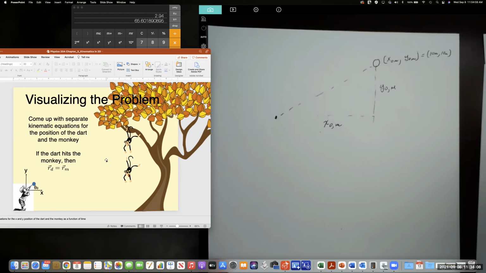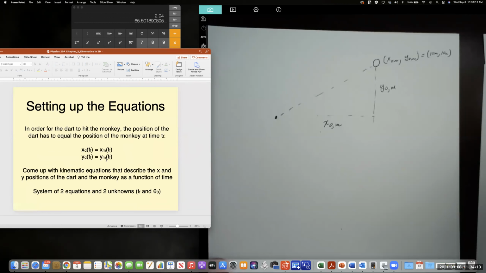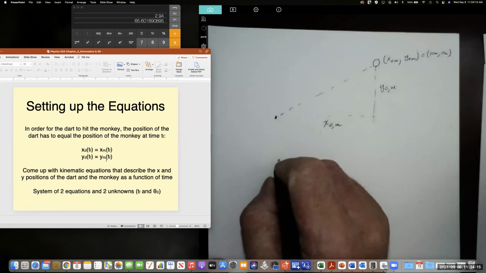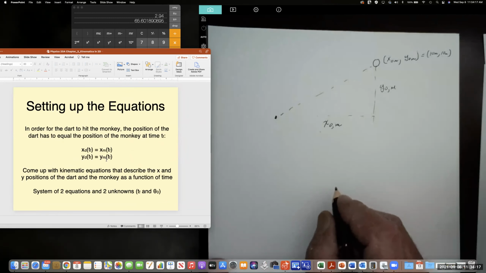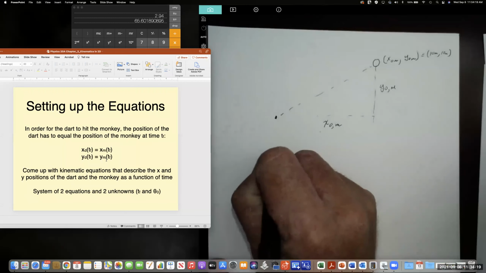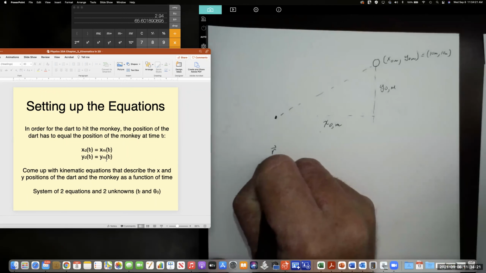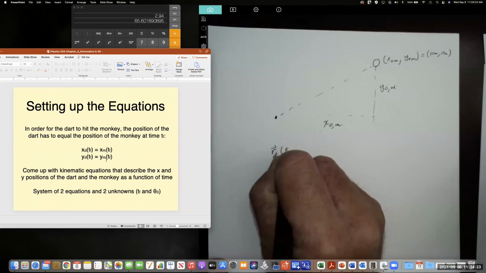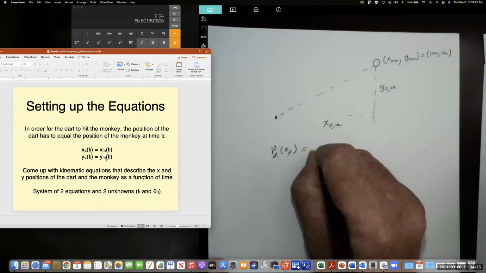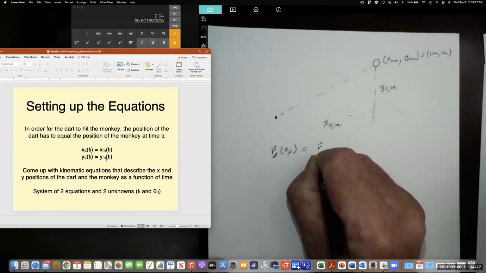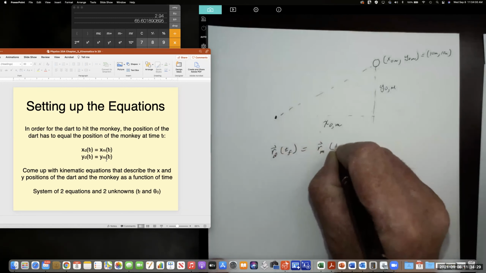So let's write down what those conditions are. At the time final, TF, we can write R dart at T final has to equal R monkey at T final.